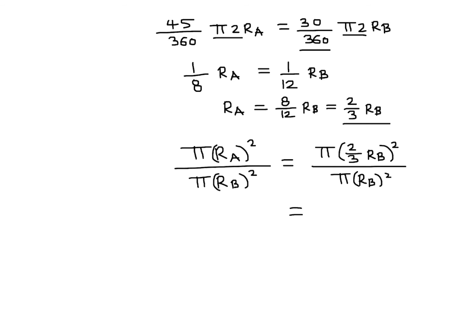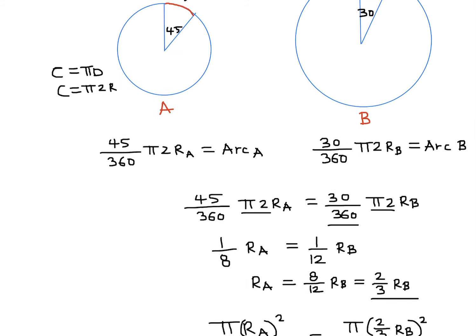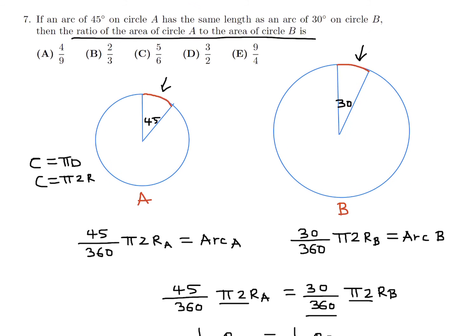So the pi's cancel, and that will give you 2/3 squared is 4 over 9 RB squared, all over RB squared. So the RB squared cancel, and all you're left with is 4 over 9. And that is our ratio. So the answer for number 7 would be 4 over 9, which is A.